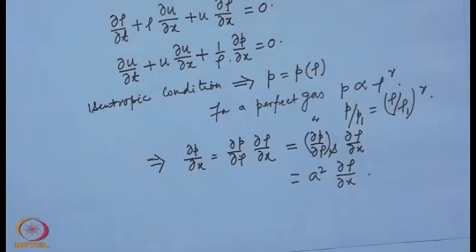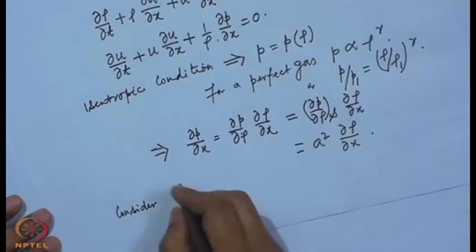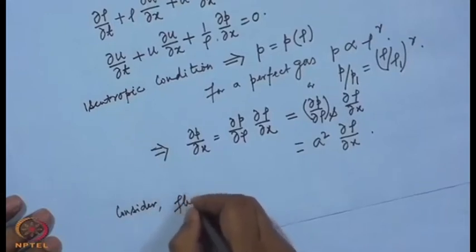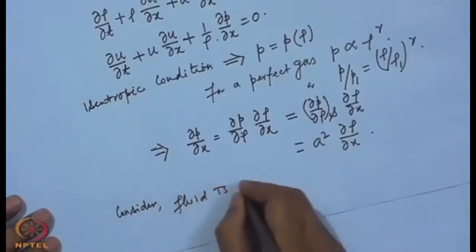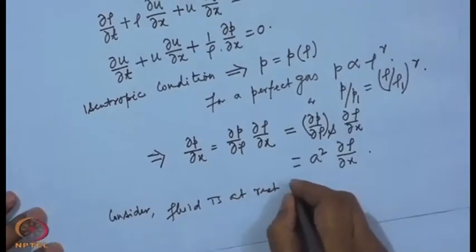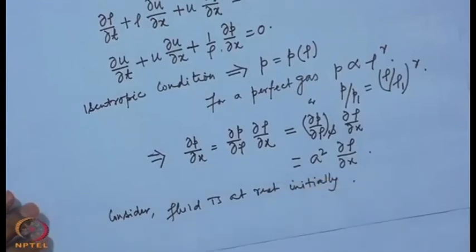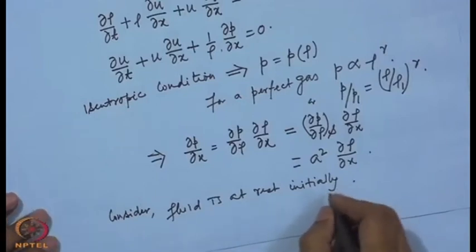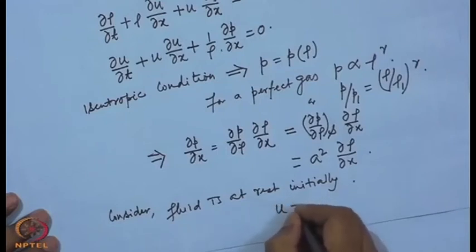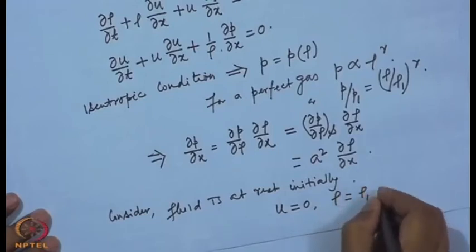Let us take that initially the fluid was at rest, the velocity is 0, and let us say the density is rho 1.